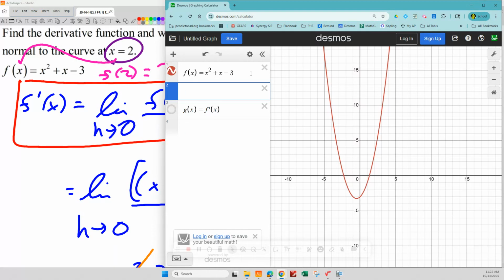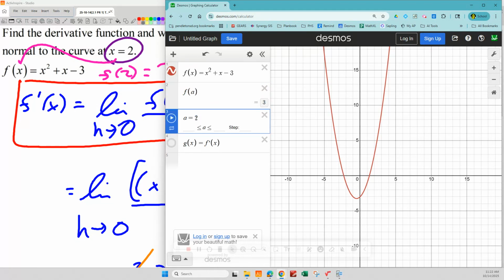Okay. I'm going to choose a parameter a. We're going to let a be whatever we want to. In this case, we're going to let a equal 2, but it could be anything, right? So f of 2 ends up being 3.